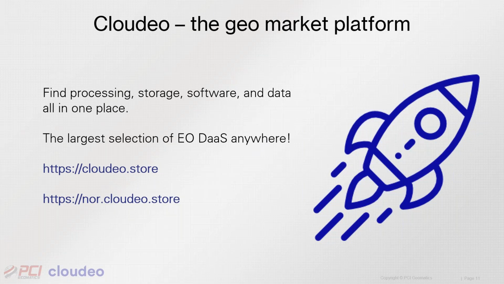This includes optical and SAR data, elevation data, image mosaics, with up to 17 new sensors to choose from. They will be coming to our store in just a few weeks, and you can find all offerings on the Data as a Service section of the Cloudeo store. Stay tuned for more updates on that in the very near future.